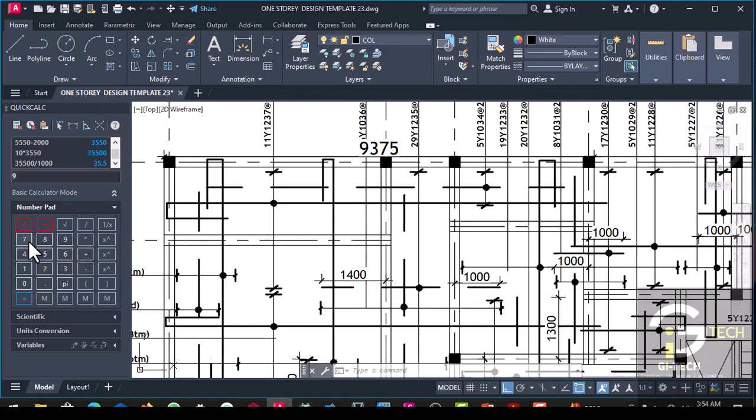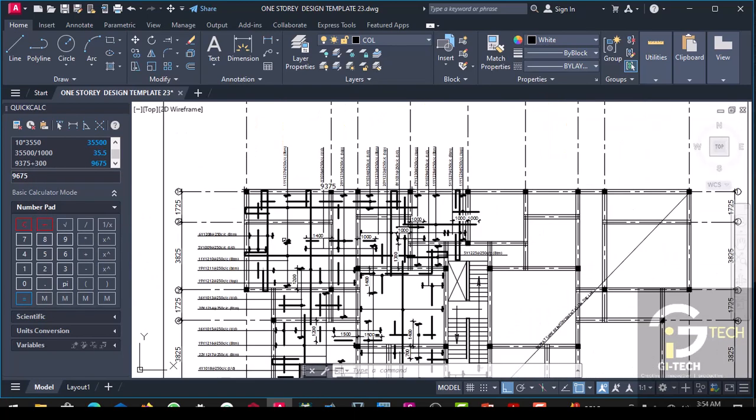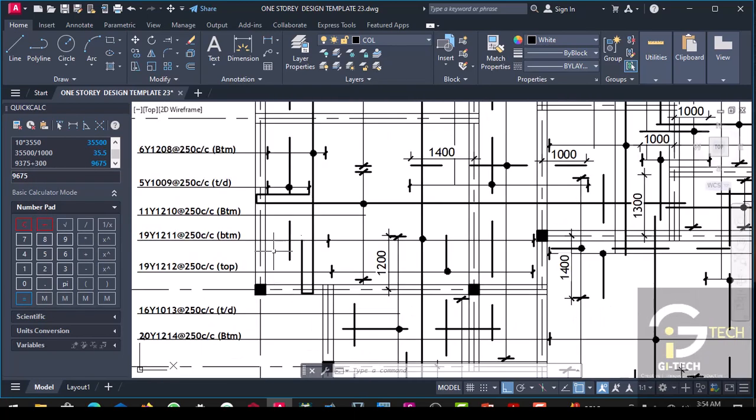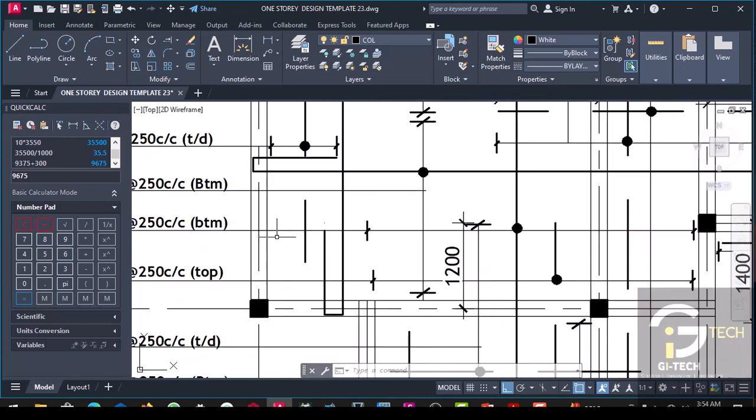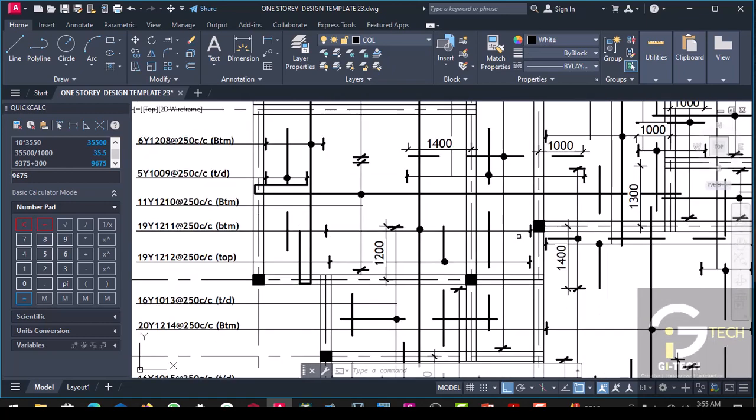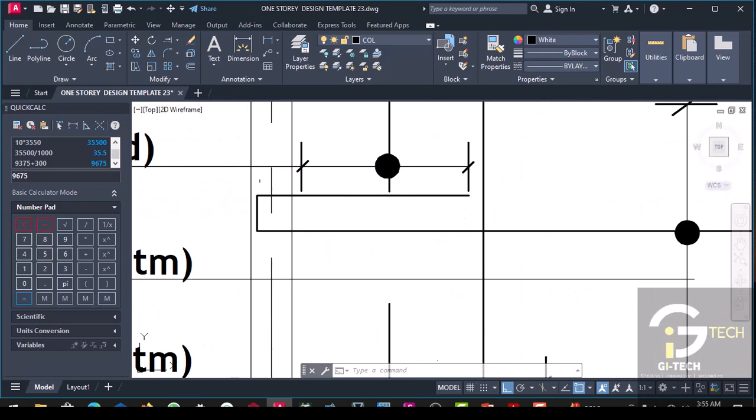9375 plus 300 gives us 9675. And mind you that we took the measurement from out to out, so we have to subtract our cover of 20.